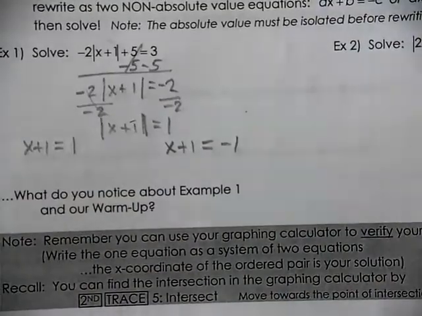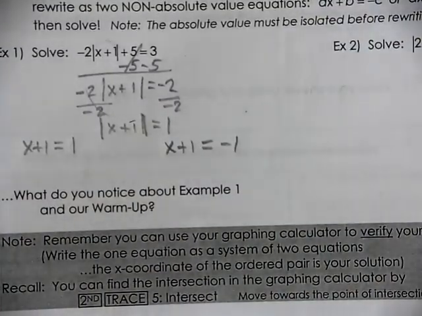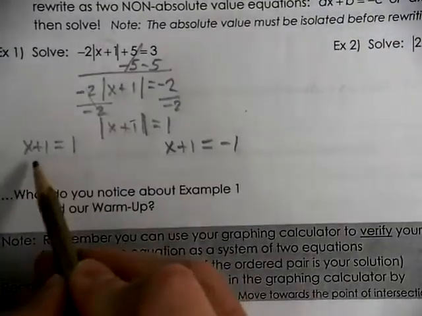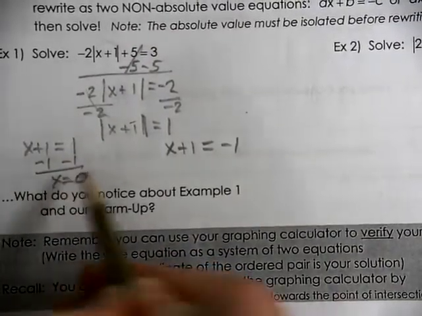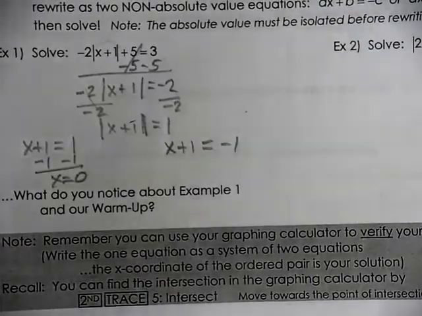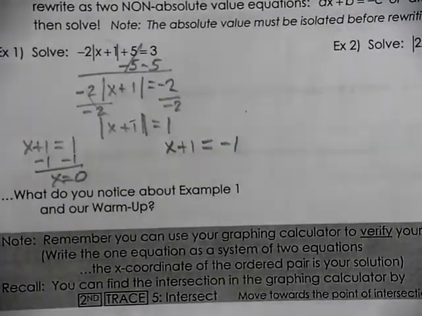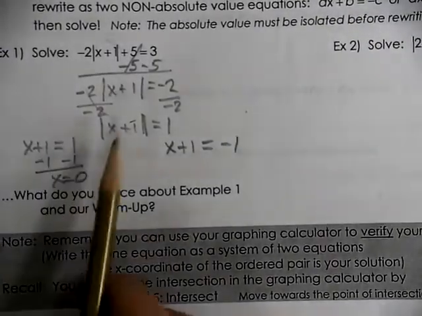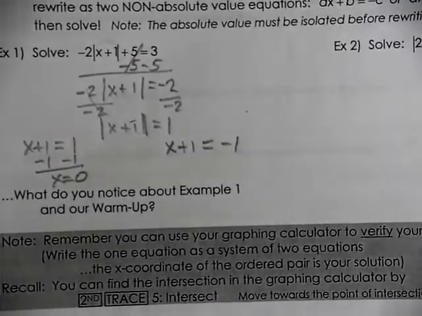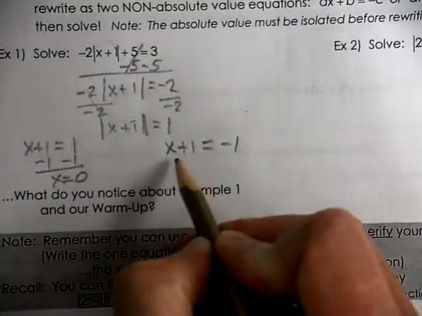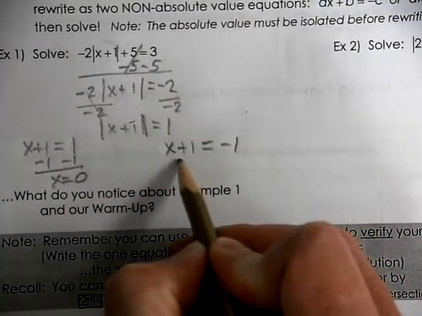So we weren't looking for the x value, which may have been where you were coming from. So we solve this, and we get x equals 0. That is the value of x for what makes the inside equal to 1. Then we'll have a second equation, a second answer, a second solution.